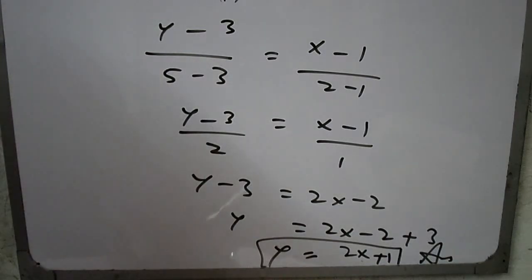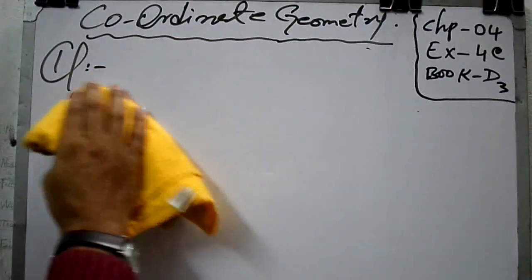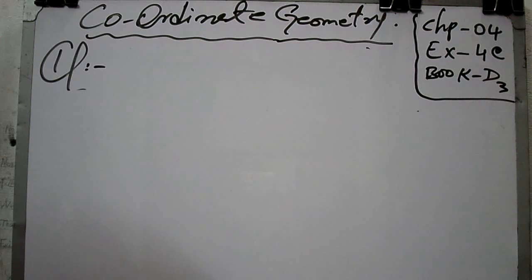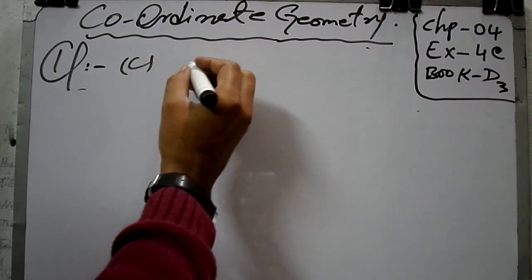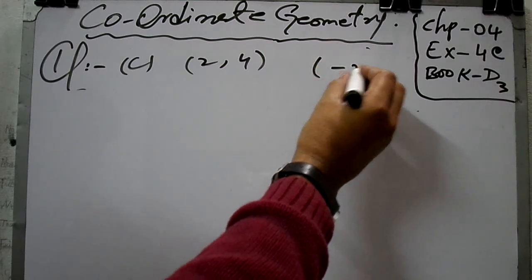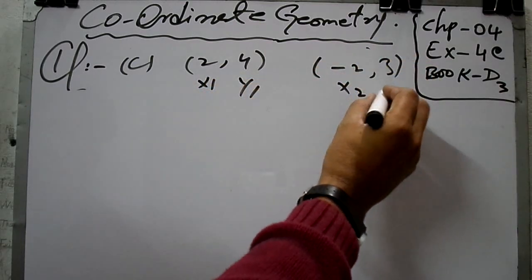Similarly, in C part, the points are 2, 4 and minus 2, 3, that is your x1, y1, x2, y2.